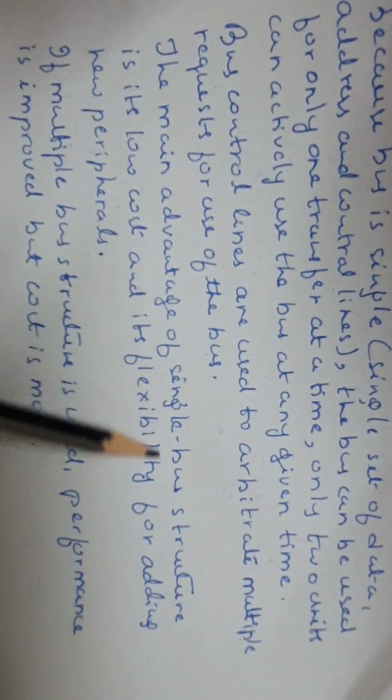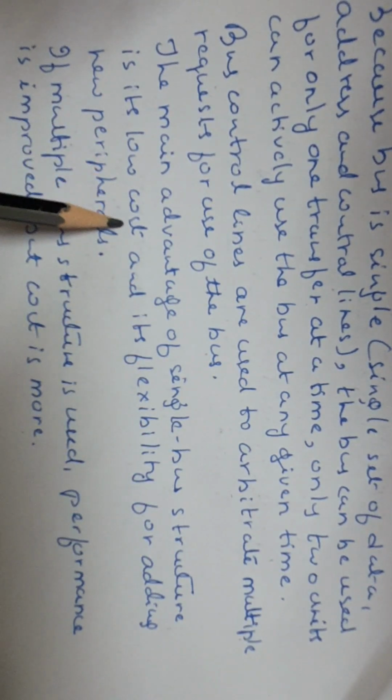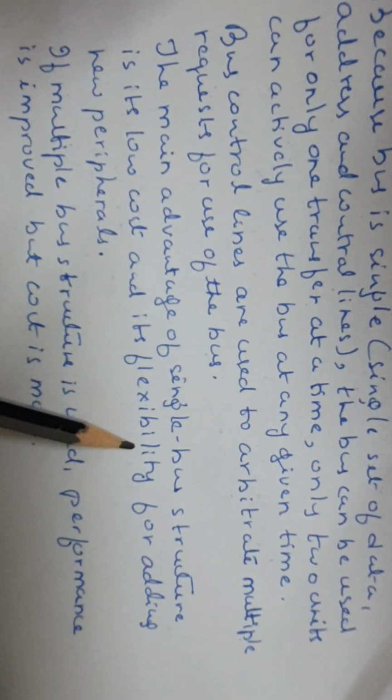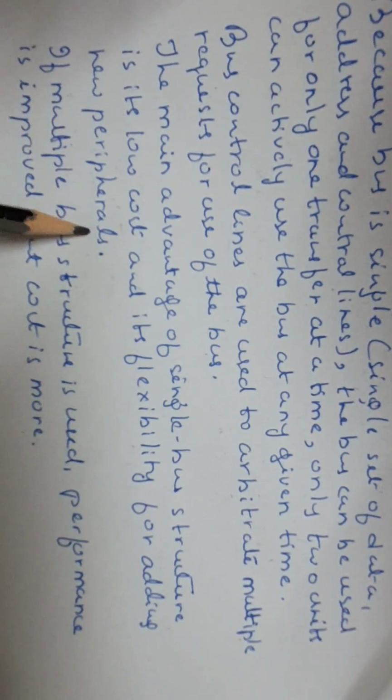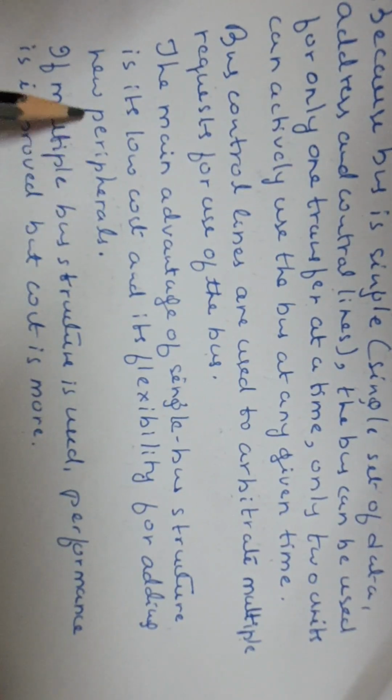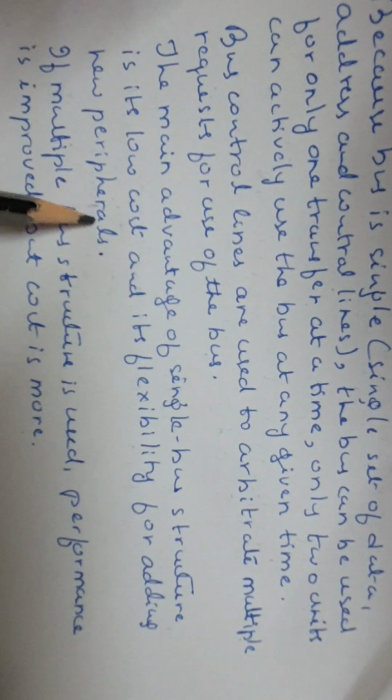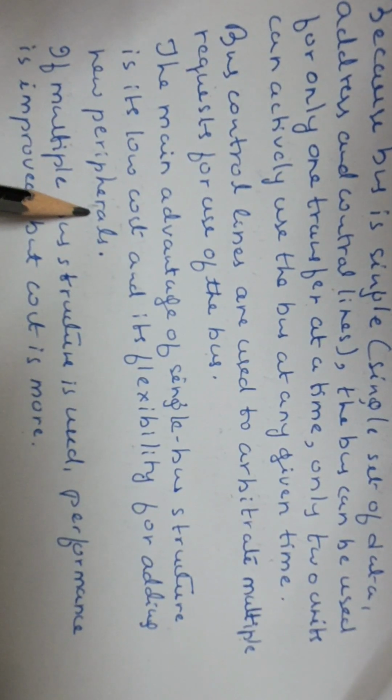The main advantage of single bus structure is its low cost and its flexibility for adding new peripherals. Means new input output devices or any other external device, that is called as peripheral. Externally, that which is connected to the computer system, that is called as peripheral.